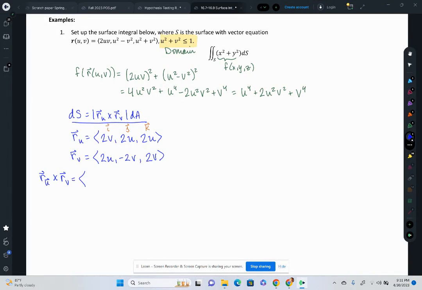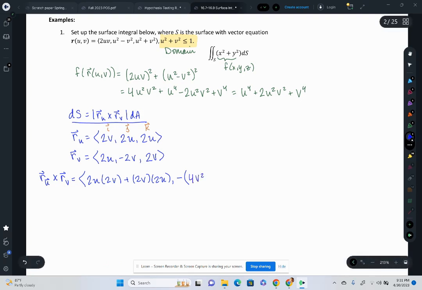For my i component, I have 2u times 2v minus a negative 2v times 2u. For my j component, I have a minus, and then in parentheses, 2v times 2v, which is 4v squared, minus 2u times 2u, which is 4u squared. For my k component, I get 2v times negative 2v, which is negative 4v squared, and then minus 4u squared.